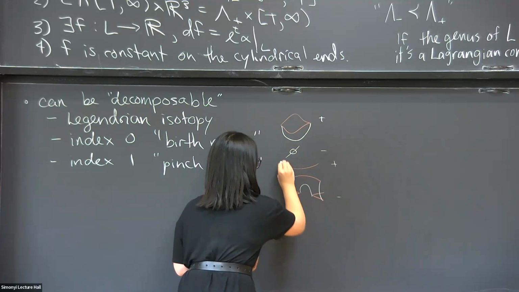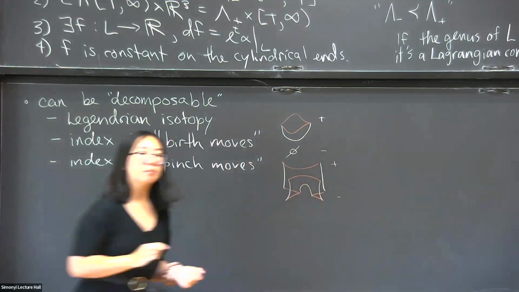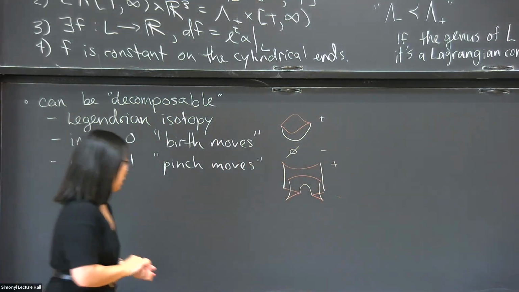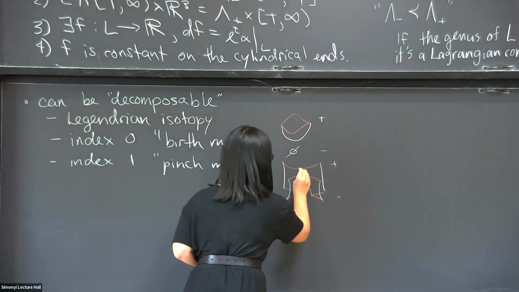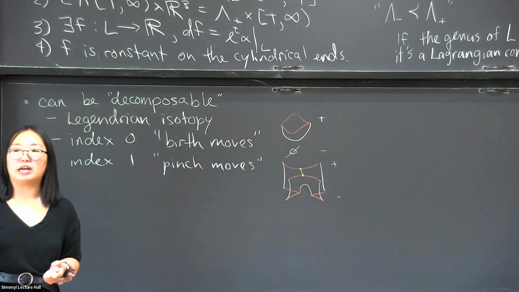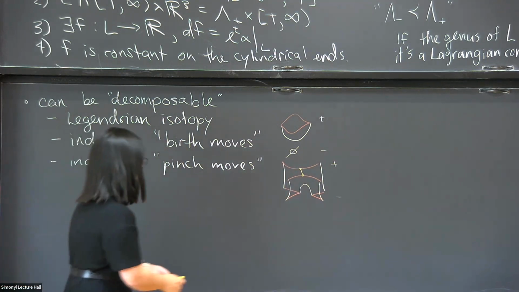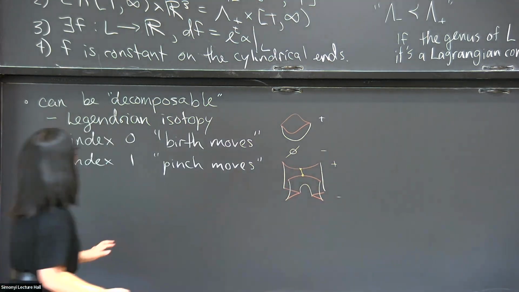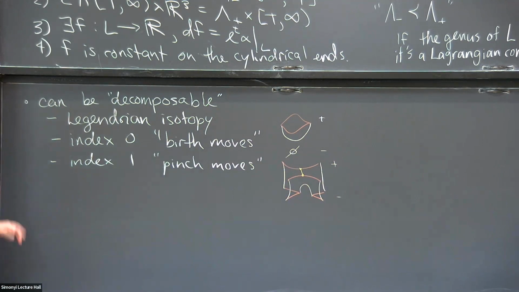And I'm going to have some kind of saddle. And I can see here that I have sort of a ribcord that I've pinched down. Right, so what I actually know is that if I have two knots and they're related by this, or by this, or by this, then they're Lagrangian cobordant.